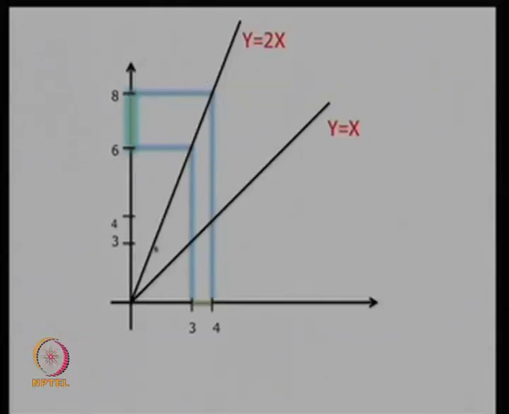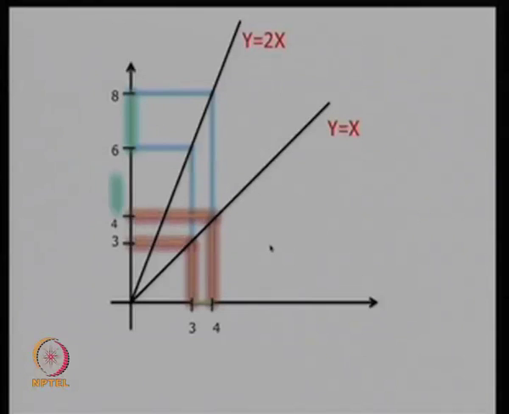So, if you take the y equal to 2x curve and I ask the question, if dx is 4 minus 3, the change in x is 1. So, if x changes from 3 to 4, the corresponding y will change from 6 to 8. On the other hand, if you draw this line only up to this x axis, if you take the y equal to x curve, how much will y change?